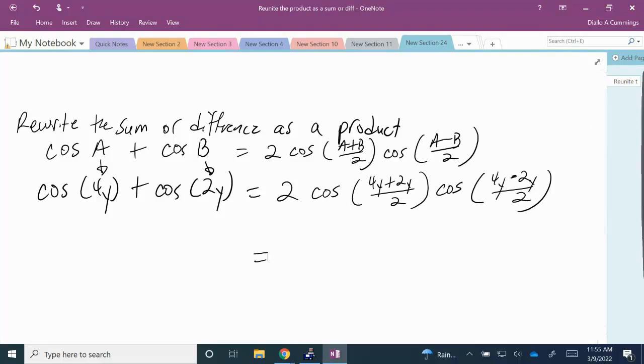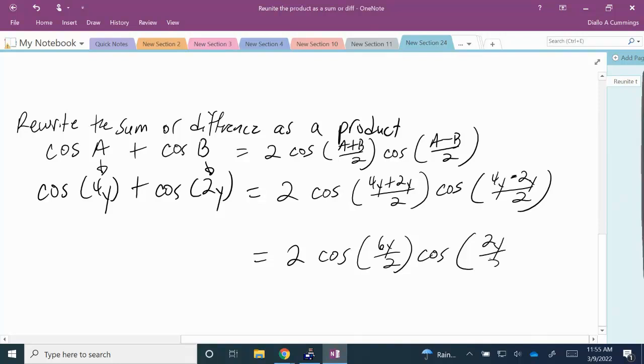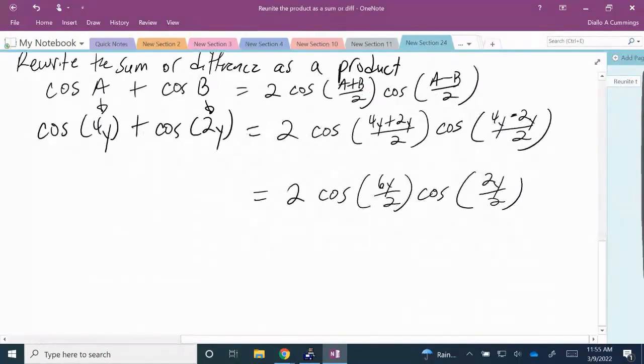Right, we're going to simplify that down some, and we have 2 cosine 6y over 2 times the cosine of 2y over 2 for a final result of 2 times the cosine of 3y times the cosine of y.